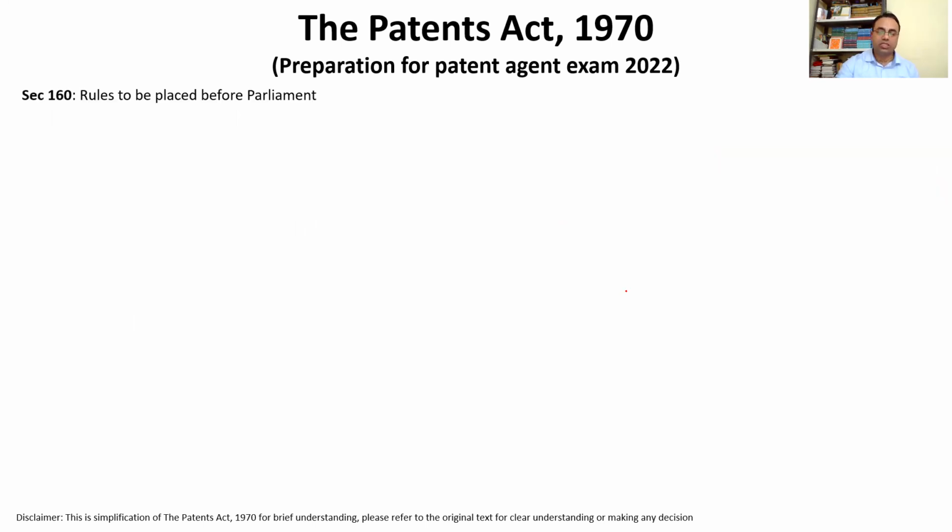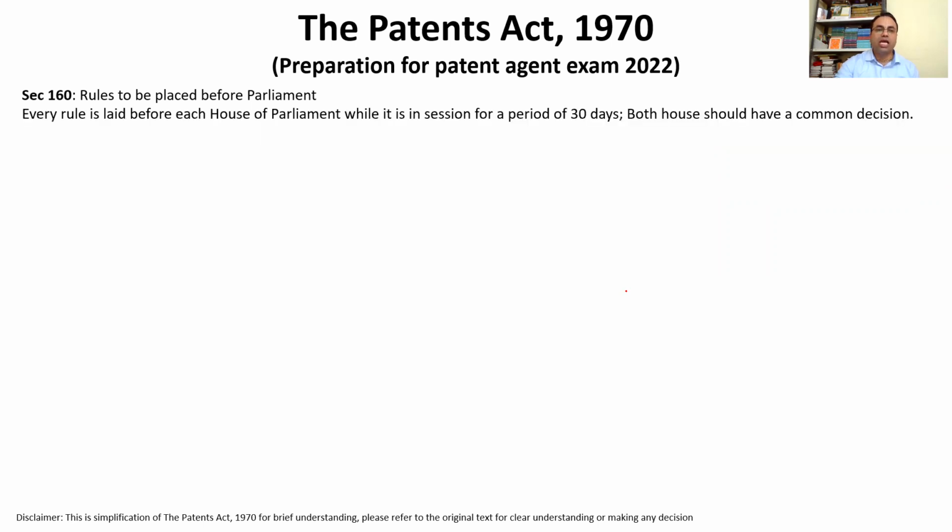And section 160, rules to be placed before Parliament. Once the rules are made, they are placed before Parliament. Every rule is laid before each House of Parliament while it is in session for a period of 30 days. Both Houses should have a common decision, then it is passed. And section 162, Repeal Act 2 of 1911 insofar as it relates to patents, and savings.